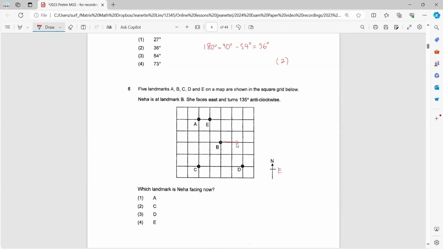To turn 135 degrees anti-clockwise, 135 is 90 and a 45. So 90 degrees and then 45 degrees. So she would be facing A. So answer 1.